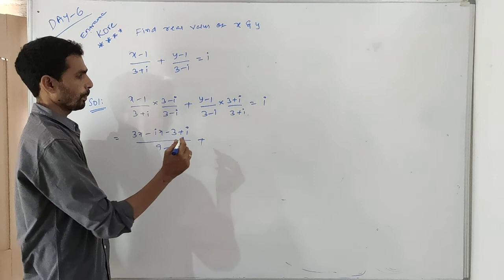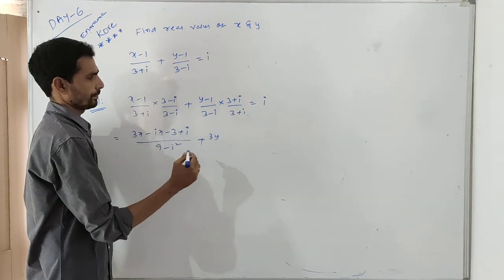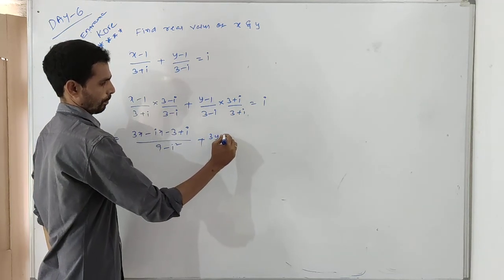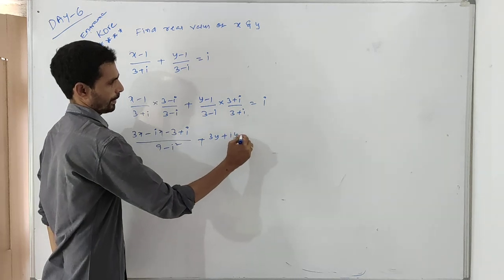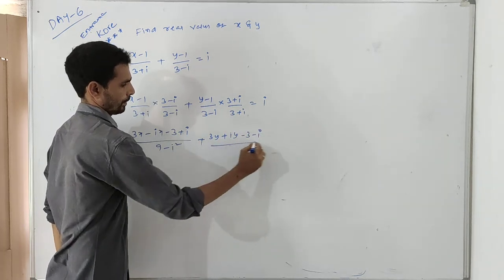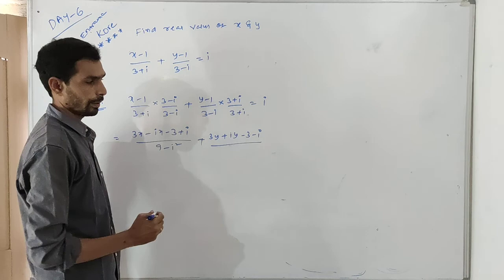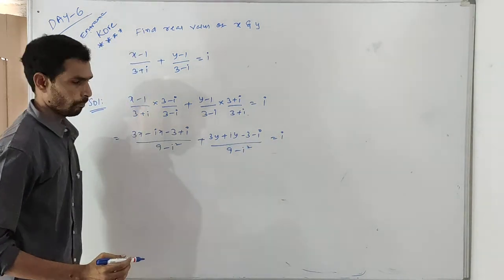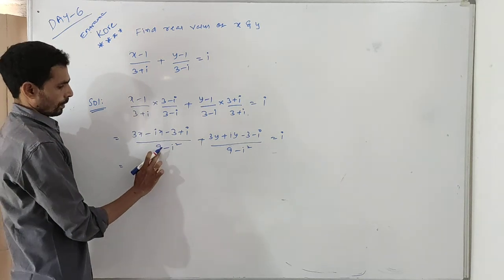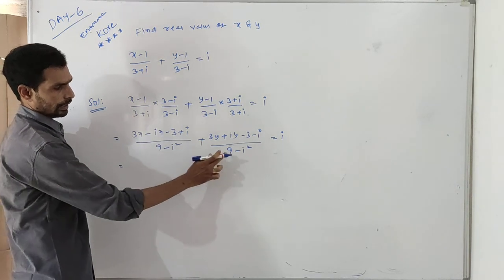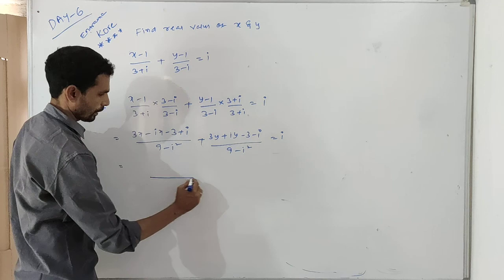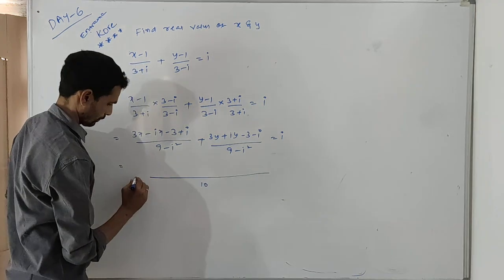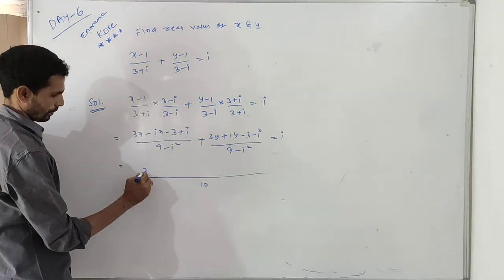And for y, 3y plus iy minus 3 minus i by a plus b, a minus b, a square minus b square, 9 minus i square is equal to only i. Now here, i square value is minus 1, so the total value is 10, 10 is the LCM.